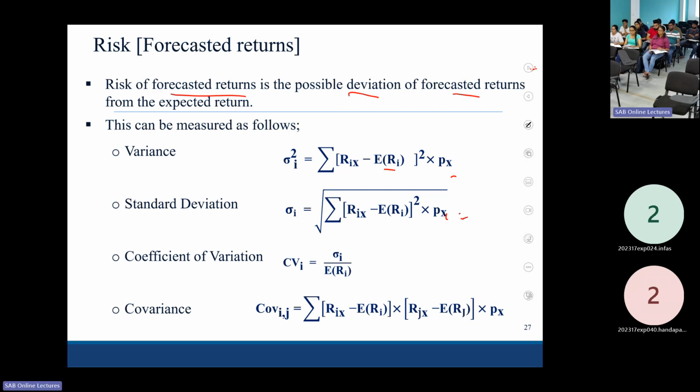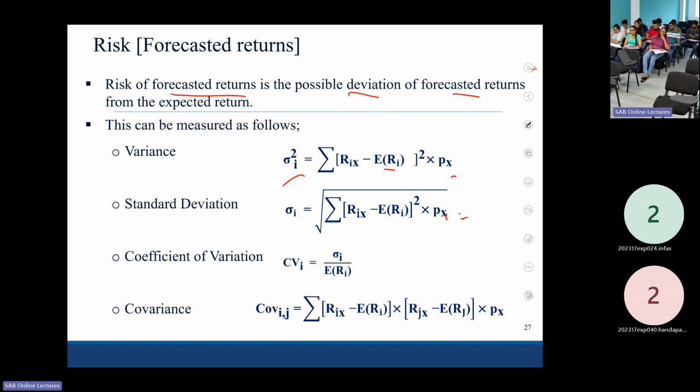You have four types of economic possibilities, so the same for the fourth state. The total sum is what we call the variance. Once you take the square root of the variance, that is the standard deviation.